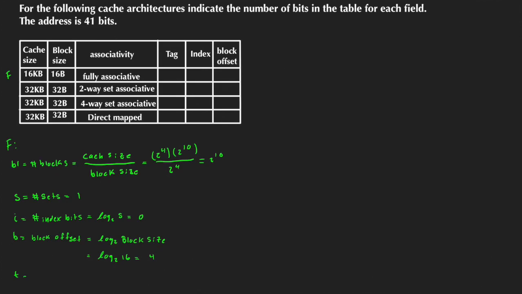Now, we have to find the number of tag bits. I'm going to label that T. And that's going to be your address bits minus your index bits minus your block offset.